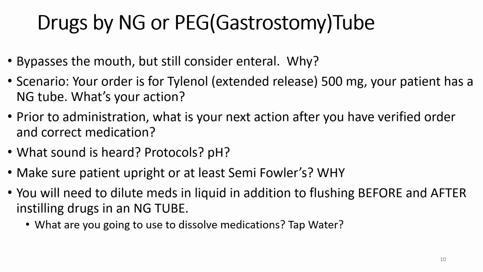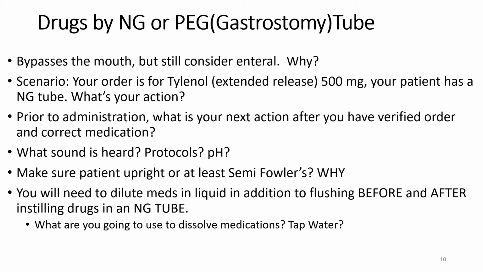Now, these types of tubes are used for patients who are unable to swallow, such as your neonatal patients. They can't swallow tablets, so we have to have another way to administer those medications. You also may have a patient who has severe nausea that is unresponsive to treatment, or has not responded to any type of treatment at all.